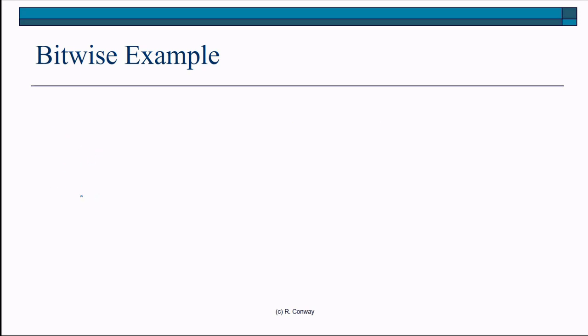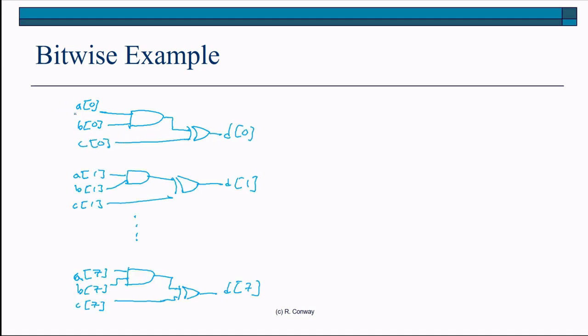Let's take another example. Let's say we want to implement the following functionality. In this example, we have 3 vectors, A, B, and C. Each is an 8-bit vector.